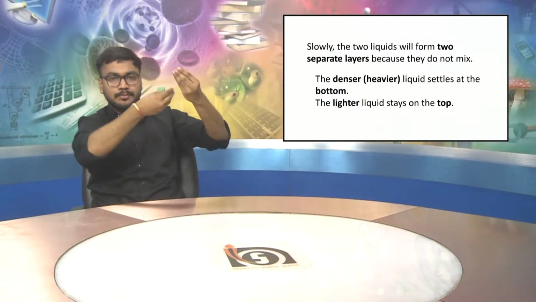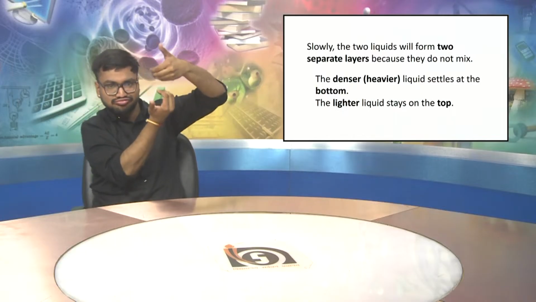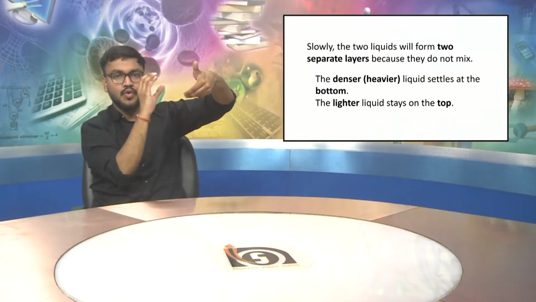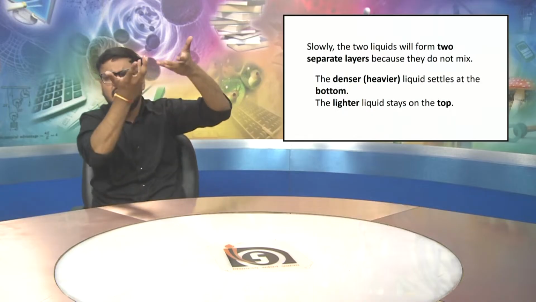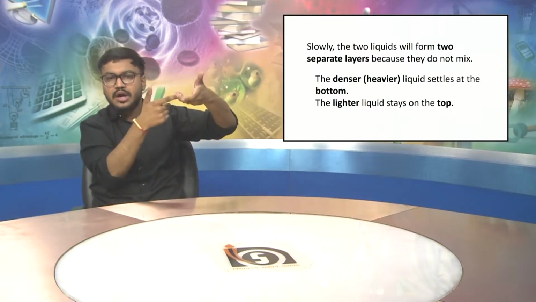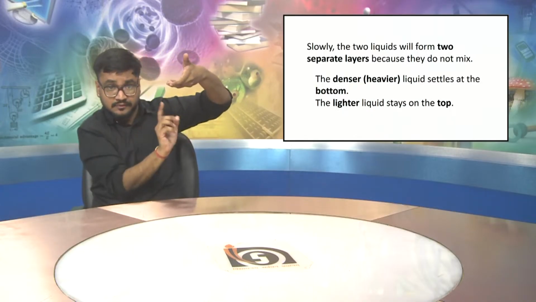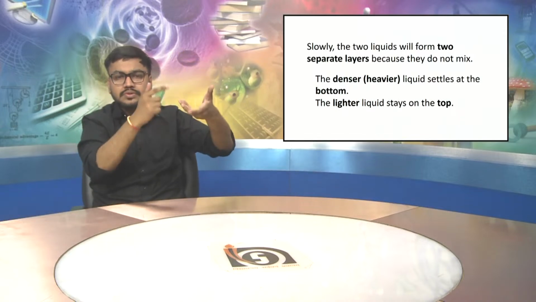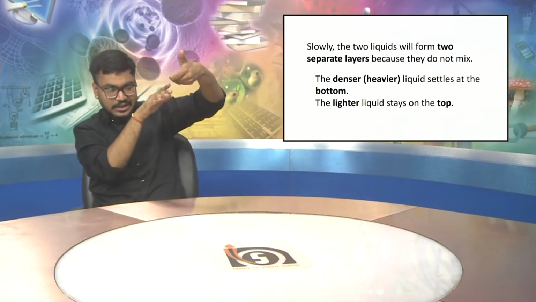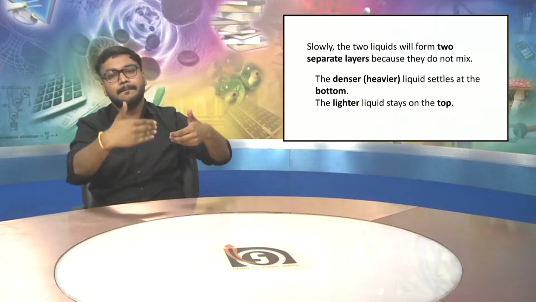Slowly, the two liquids will form two separate layers. Because they do not mix, the denser liquid, which is the heavier liquid, settles at the bottom and the lighter liquid stays on the top.